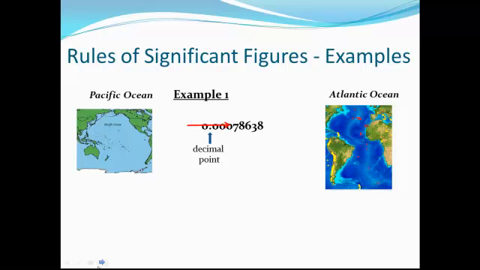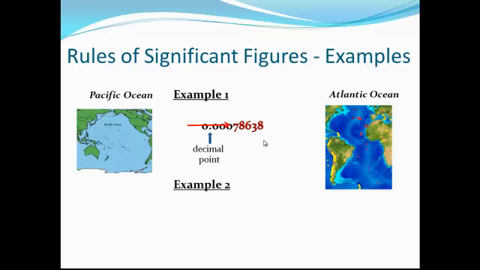So I draw an arrow and cross out all the zeros encountered by this arrow until I hit the first non-zero number, in this case 7. Now you start counting, and all the digits after that will be counted, including all the zeros. In this case 78638 are sig figs, so you have 5 significant figures.